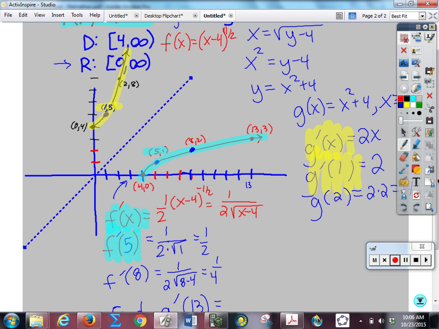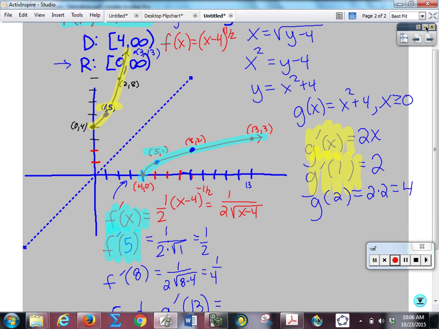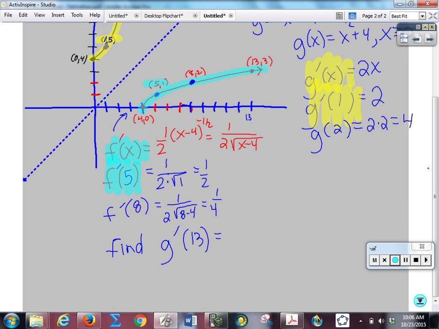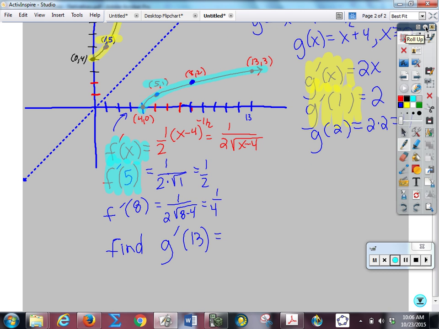But what if you didn't know that? How would I find it? What if I said something else? Okay, so I'm going to change this to 20. What about if I want to find g prime of 20? So I know, and let's say that I don't want to find all this. Right now I could just plug it in right here, but let's say I wanted to do it without finding this part.